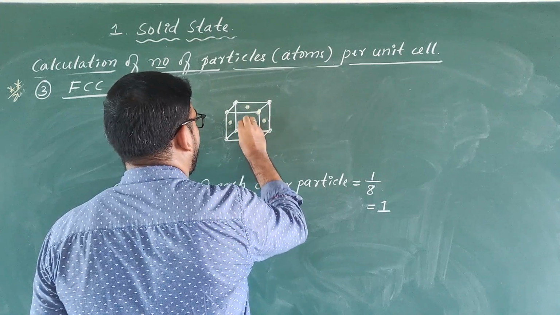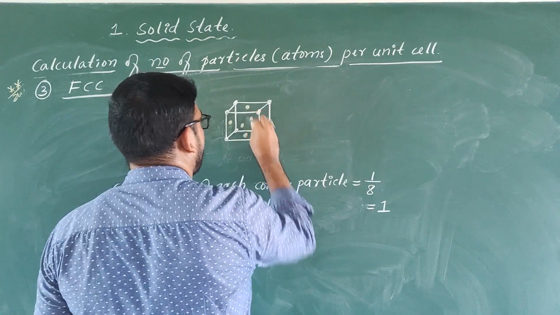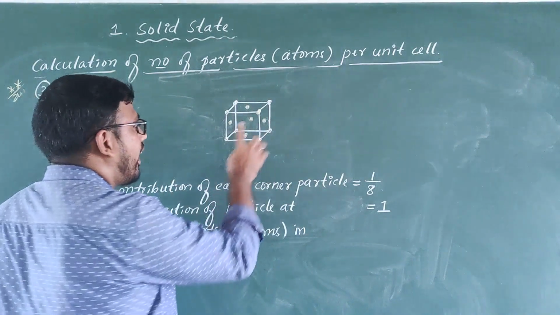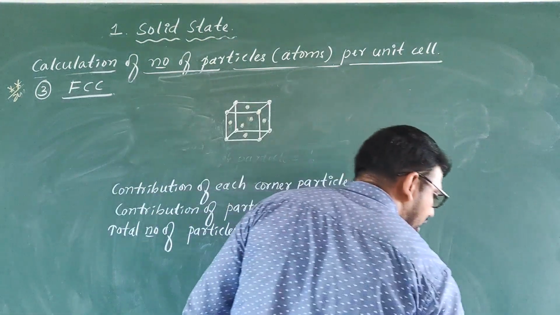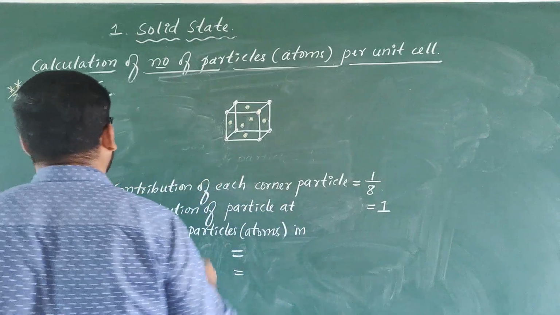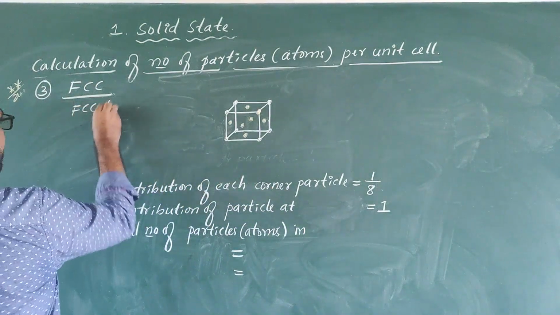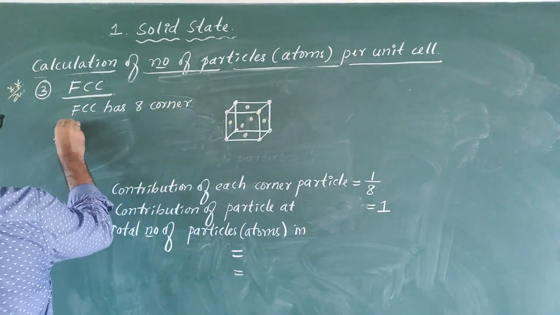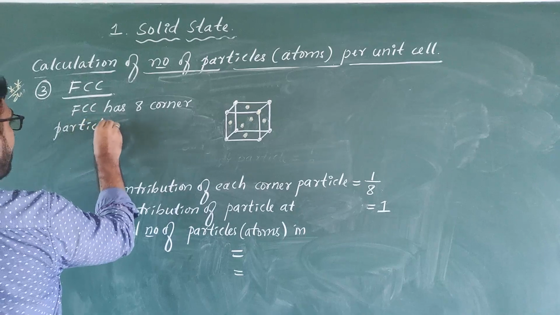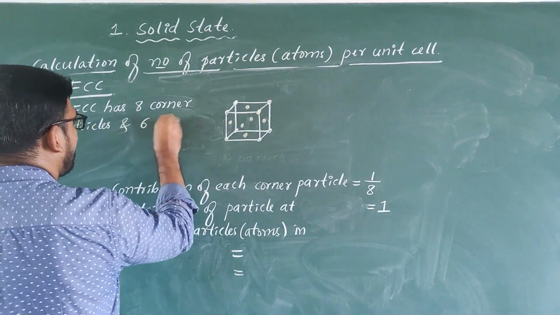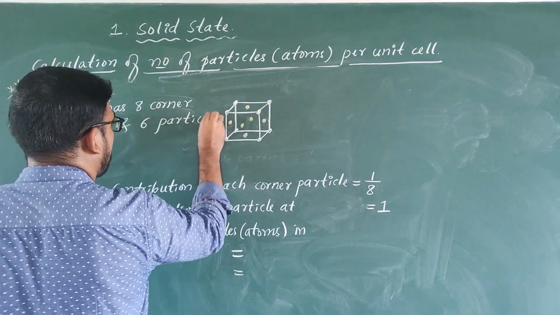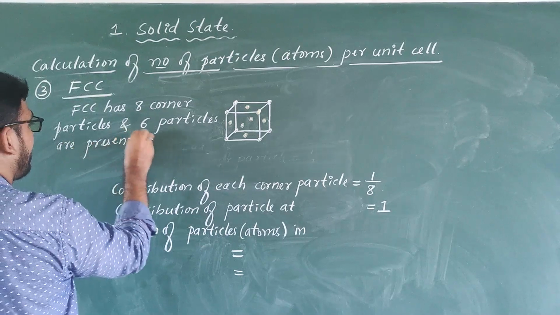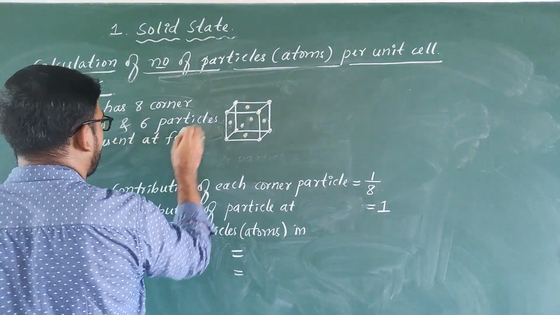There are 6 faces in a unit cell. So totally 8 particles at the corners and 6 particles at the face centers. So in a simple way I can write, FCC has 8 corner particles and 6 particles present at face centers.